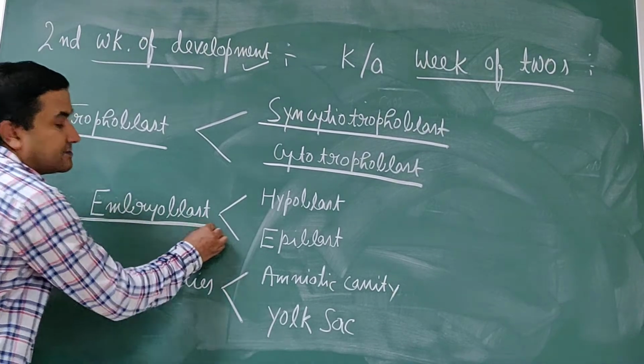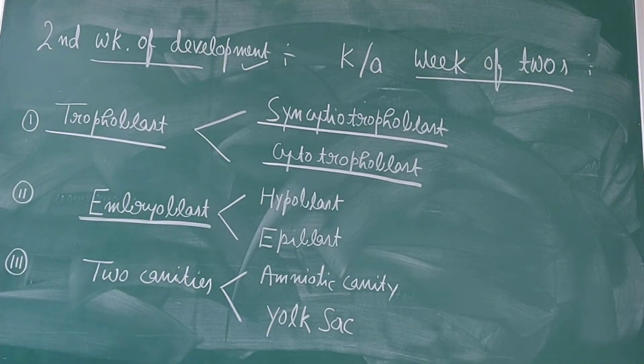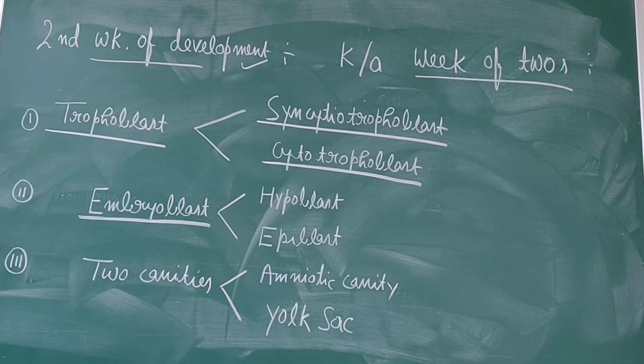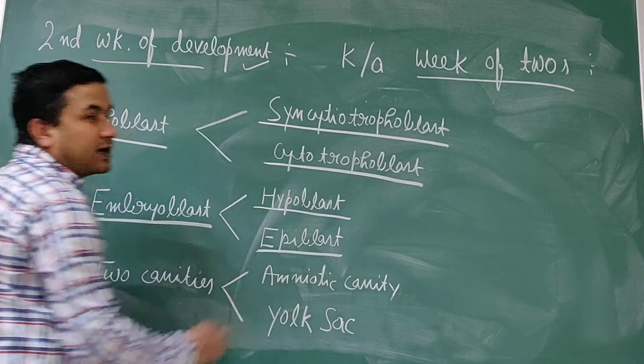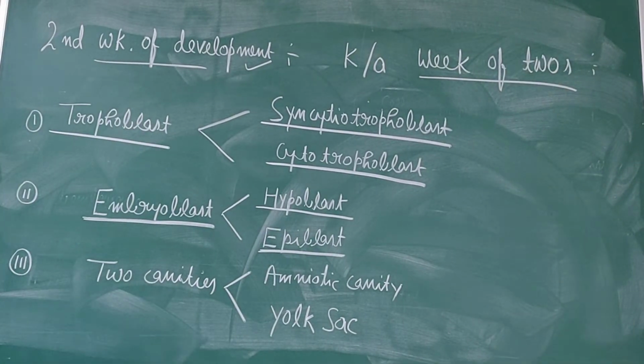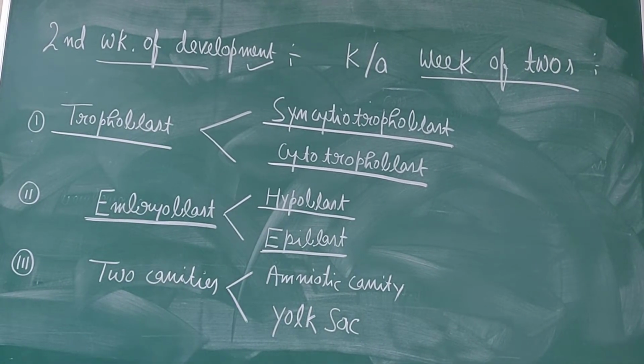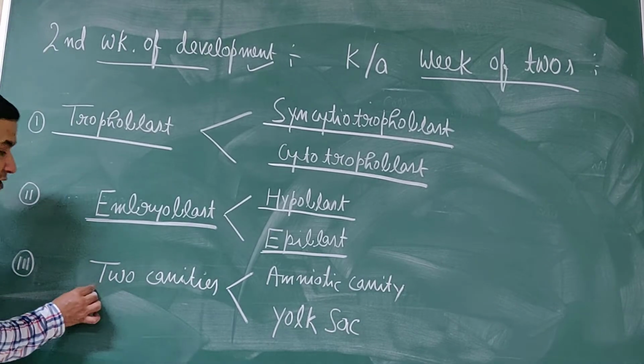This embryoblast that is present in the blastocyst is differentiated to form the hypoblast and the epiblast, two layers. Now in the second week there is formation of two cavities.